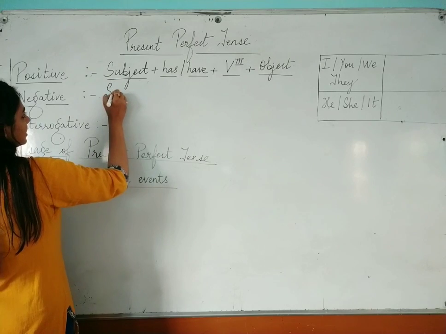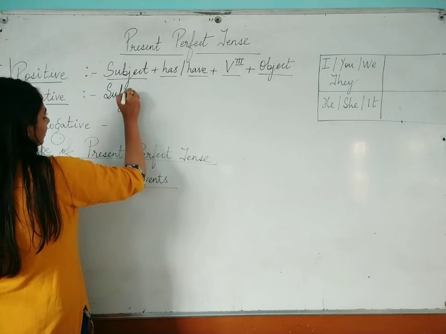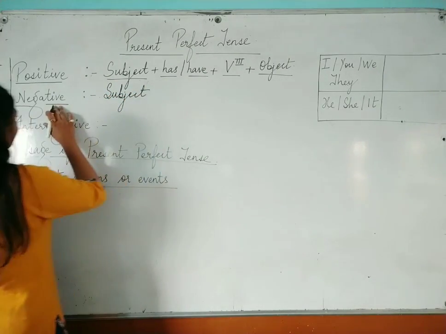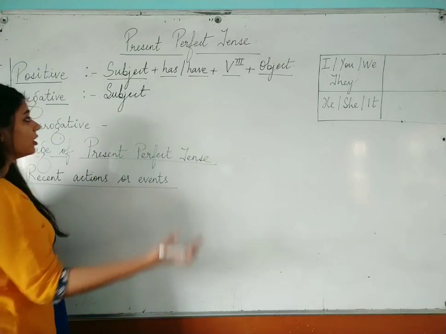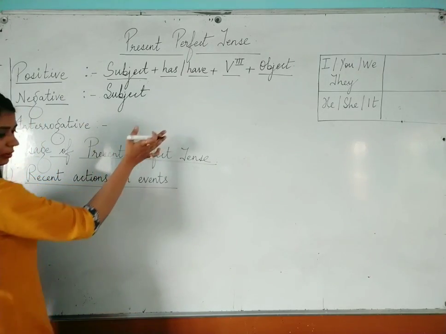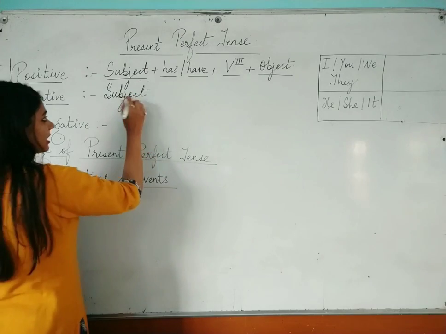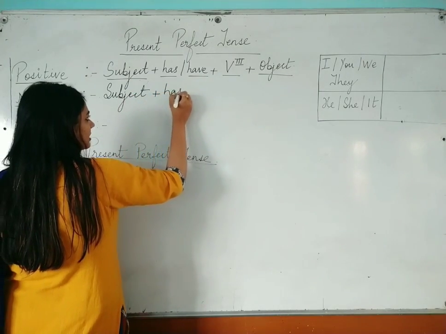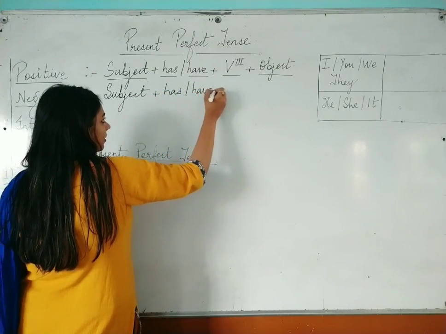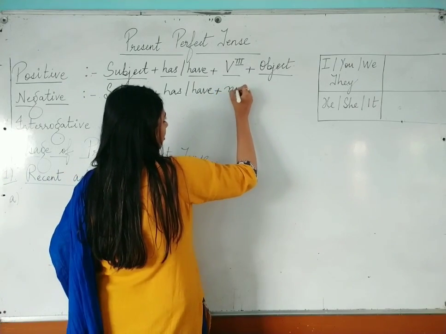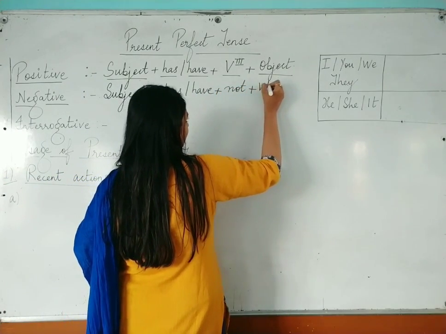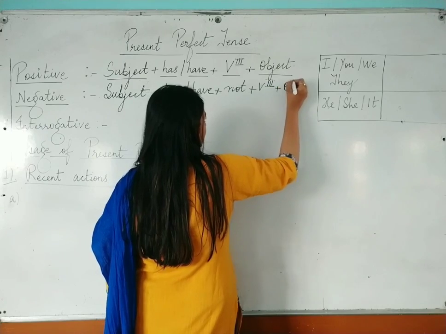In negative sentence, we use subject. As I have already told you, negative means that we have to use a negative form. So we just have to add not. So it will be subject plus has, have plus not plus verb third form plus object.